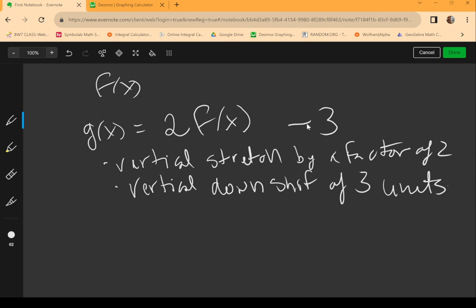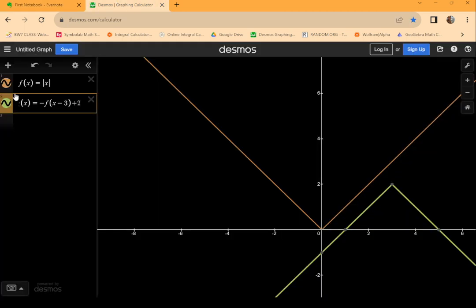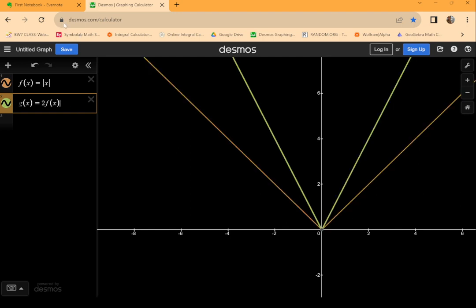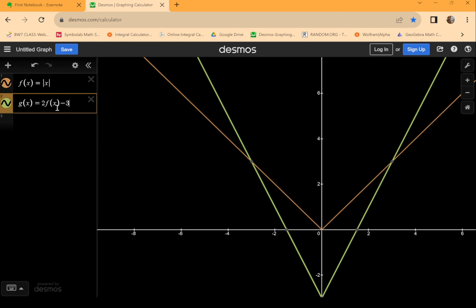And here, plugging this in, g of x, so we got 2 f of x, and right there we could see the stretch, and then minus 3. And there we have the different translations that go into effect.